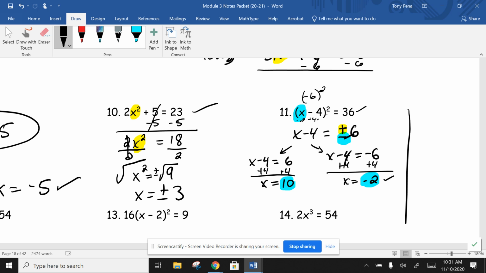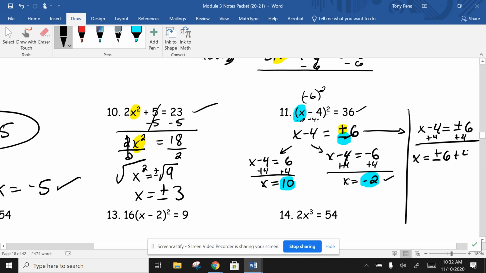Now, here's your other way to solve this. I'm going to take the same exact equation, and then you can decide what you like the best: either setting up 2 different equations like I did over here, or doing this. Let's just add 4 to both sides right away. What this would now give me is x equals a positive 6 and a negative 6 increased by 4. So we can write it that way. And then think about what is a positive 6 plus 4.